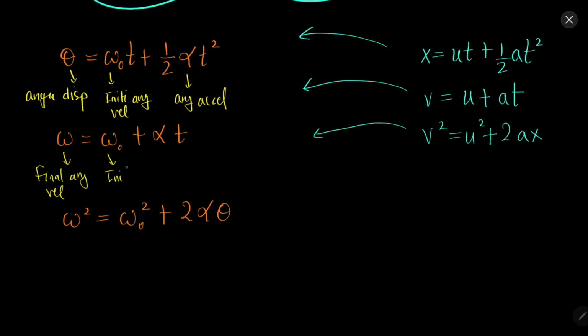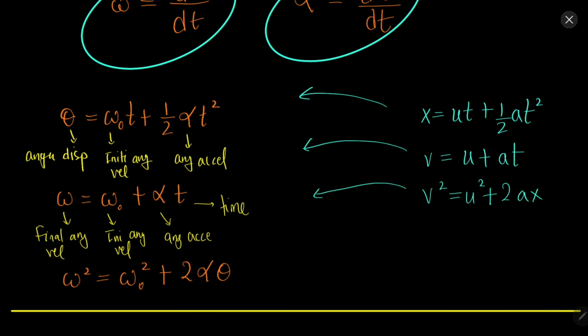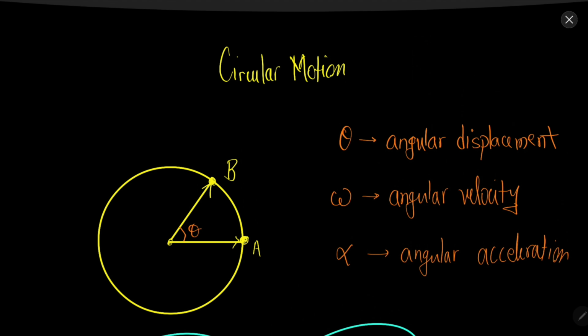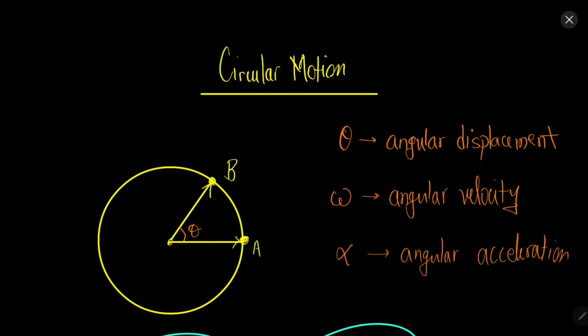Again omega naught is the initial angular velocity, and alpha again is the angular acceleration. This is the time period. Similarly, the same things are in the third equation as well: initial and final velocities, angular acceleration and angular displacement. So it is quite simple. Whatever we have understood in the usual translational motion can be applied in circular motion, just the angular terms will be used for that.